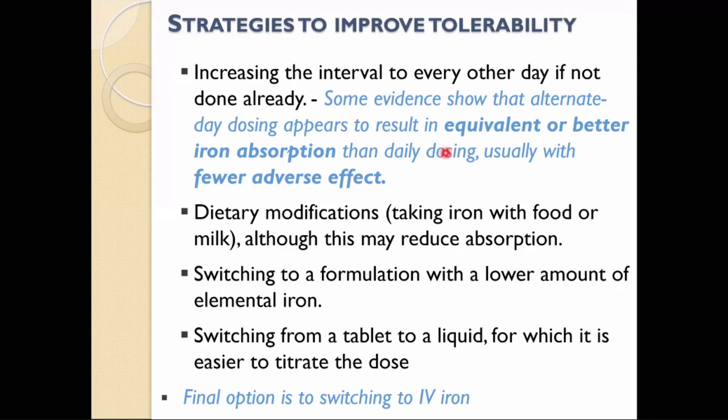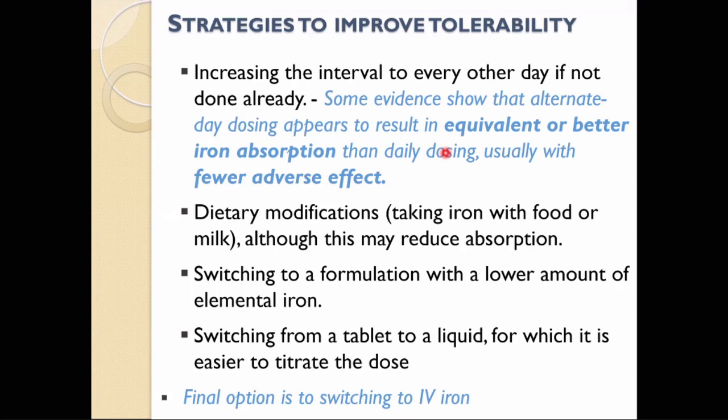So because of that, we need to be careful. Now what is the problem with side effects? It's that if they develop side effects, their adherence to therapy will also go down. So we need to look at how to minimize these side effects and improve tolerability. So one way of doing it is to increase the interval, increase the gap between the doses.